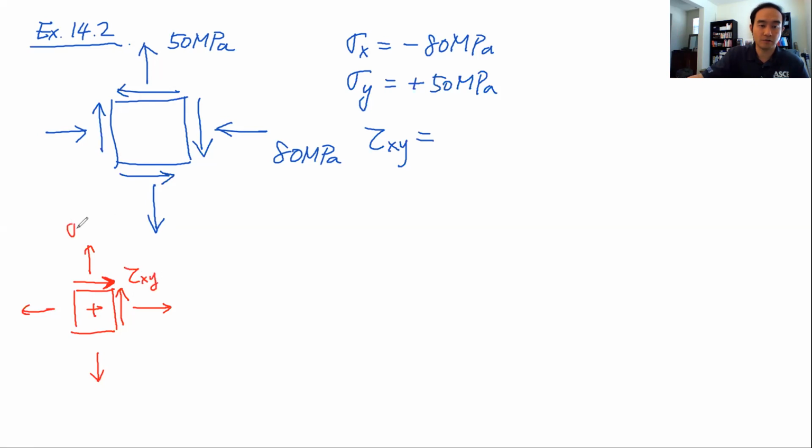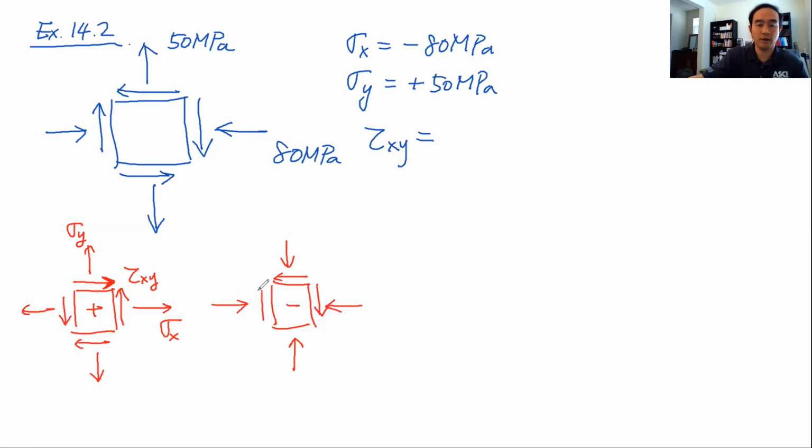This is the positive direction of sigma y. This is the positive direction of sigma x. When you have this pair, you automatically define the other two taus down there, and the magnitude, of course, should be equal to this tau xy. Then the negative directions of these taus and sigmas: these are the negative direction for sigma y, these are the negative direction for sigma x, and then the opposite direction of these two pairs, like this.